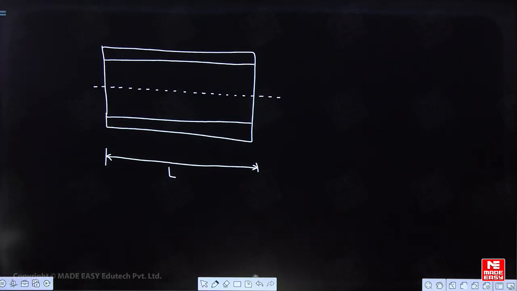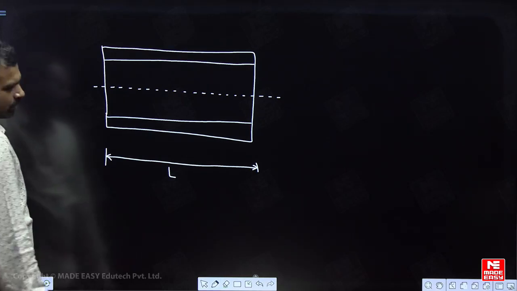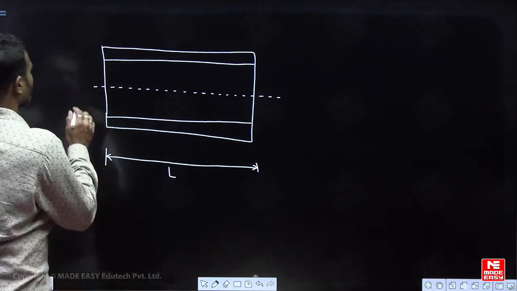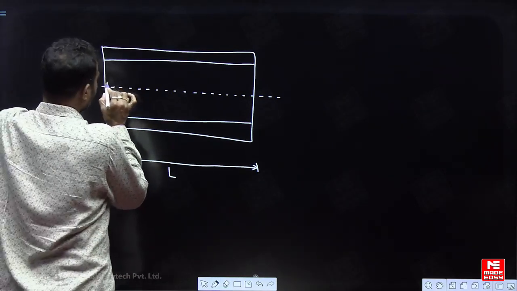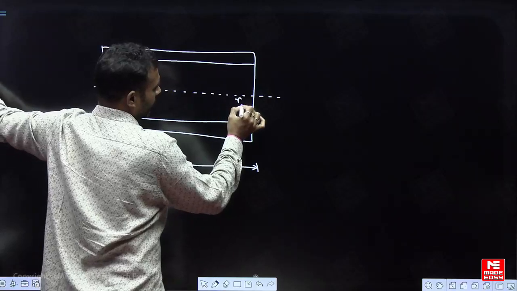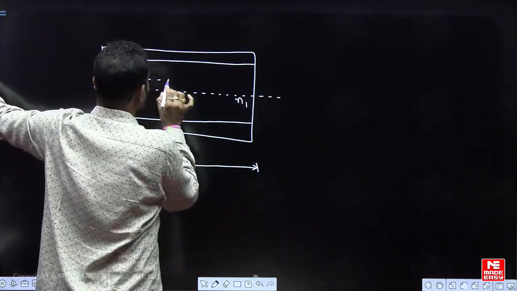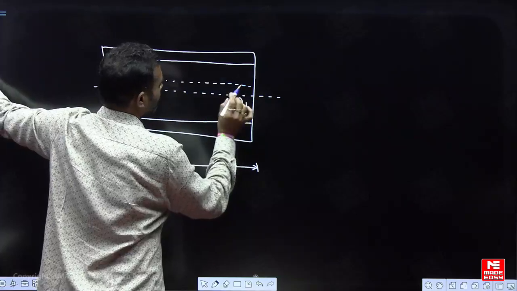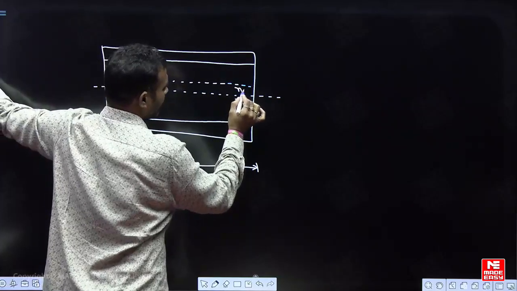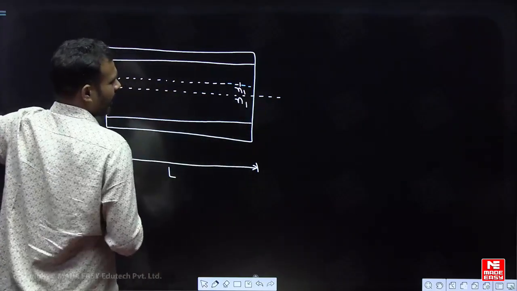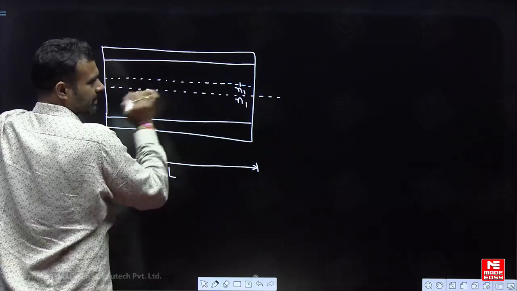After talking about the length of the fiber, we discuss the next one, which is given like this. The refractive index at the center is very high, which is called N1. The refractive index decreases as you go outward, and that is called N1 dash.